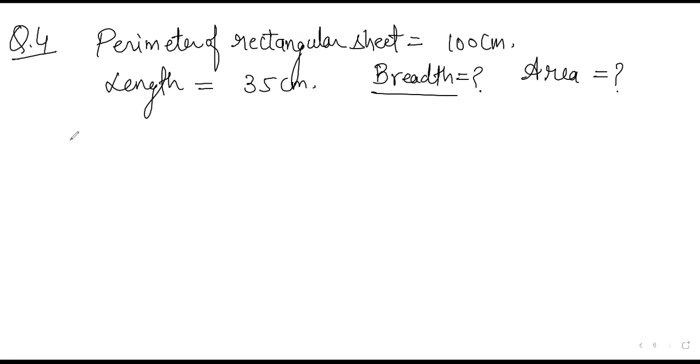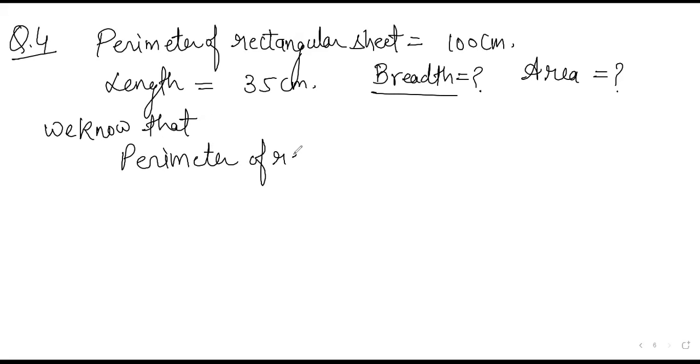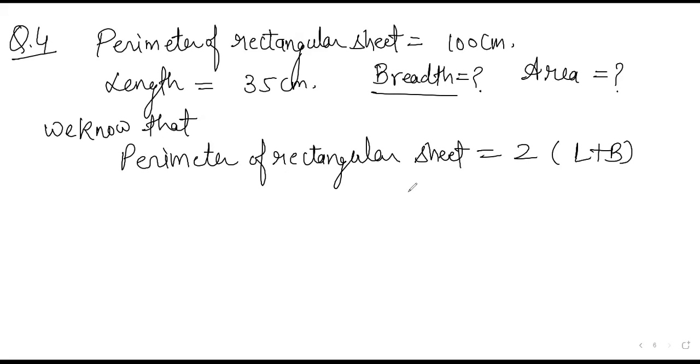So we know that the perimeter of a rectangular sheet is twice of L plus B, length plus breadth.